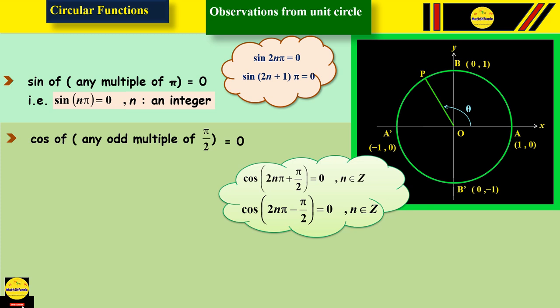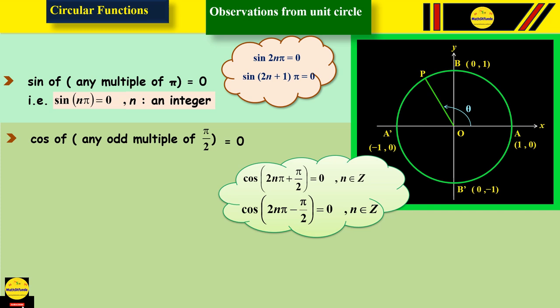Now some of you may wonder how I am saying odd multiple of pi by 2. Just try to understand what 2n pi plus pi by 2 stands for. This notation stands for angles of the type pi by 2, 5 pi by 2, 9 pi by 2, 13 pi by 2, etc. B dash stands for 3 pi by 2, 7 pi by 2, 11 pi by 2, etc. So if I talk about angles at B and B dash alternately, can I say it like this: pi by 2, 3 pi by 2, 5 pi by 2, 7 pi by 2, 9 pi by 2, 11 pi by 2, 13 pi by 2.